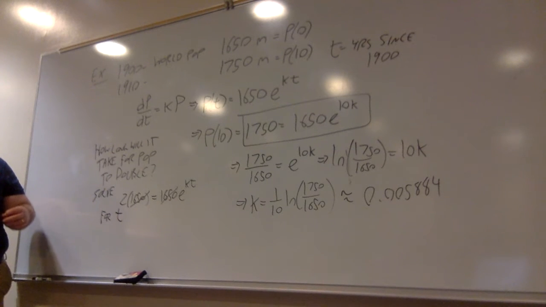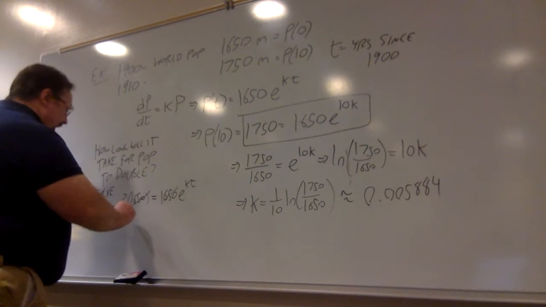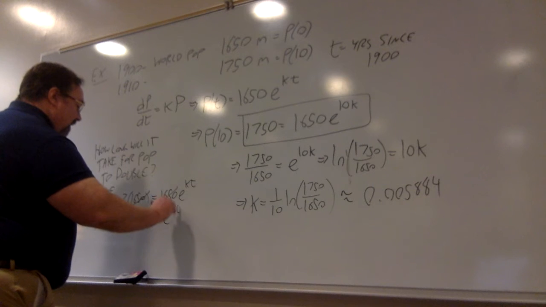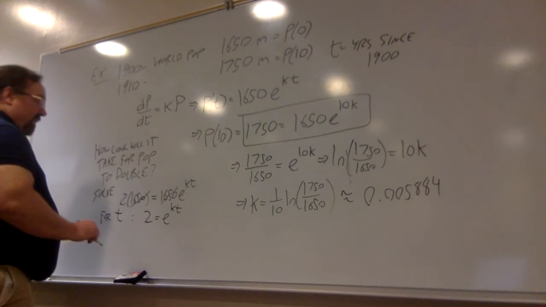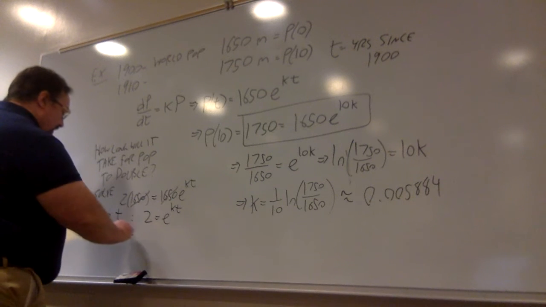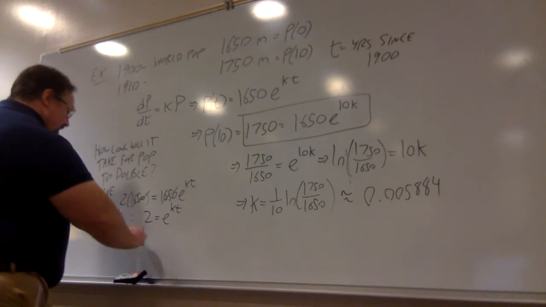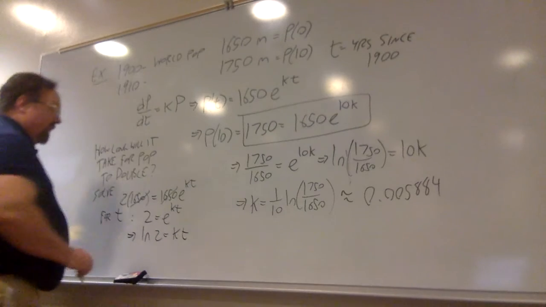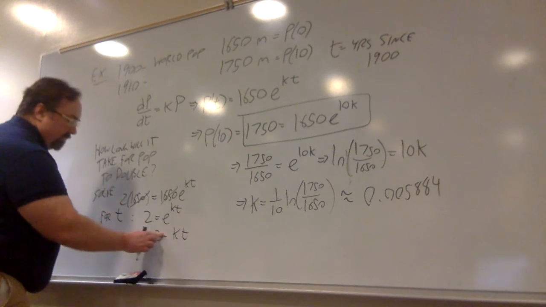So the fact that the population is 1650 now is irrelevant. So now we have 2 equals e to the kt. Yes, log is the next thing to do. So now I have ln 2 is equal to kt, because the log and the e cancel each other out.